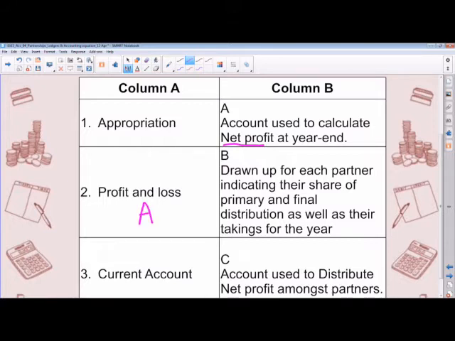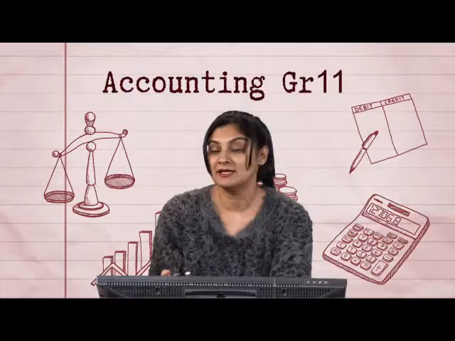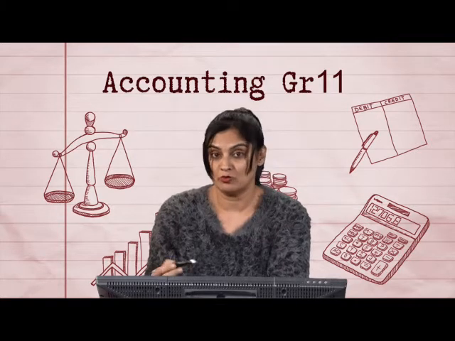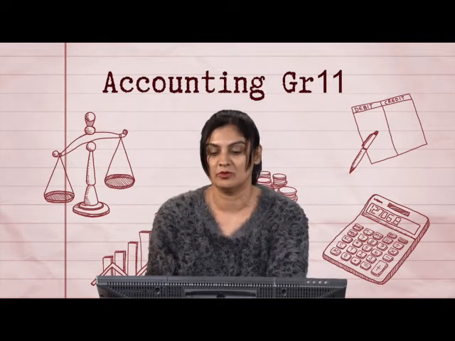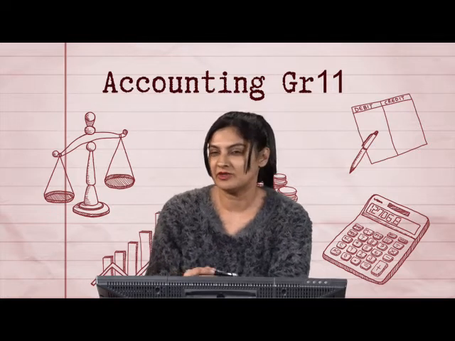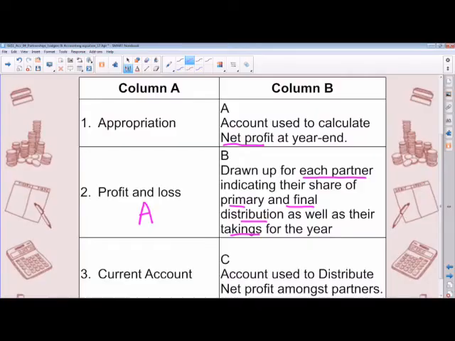Right, next description. Drawn up for each partner, indicating their share of primary and final distribution, as well as their takings for the year. So in other words, guys, primary and final distribution, we all know they're talking about salary, interest on capital, as well as bonus if the partners received a bonus, final distribution if there's a remaining profit, as well as their takings for the year.